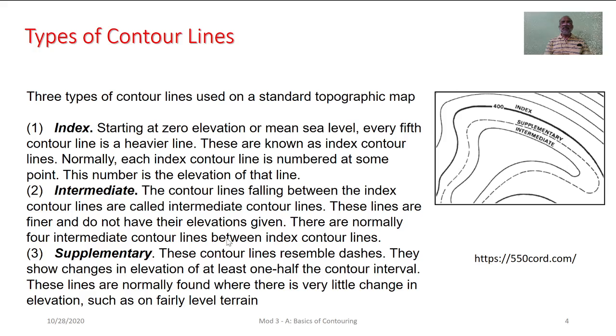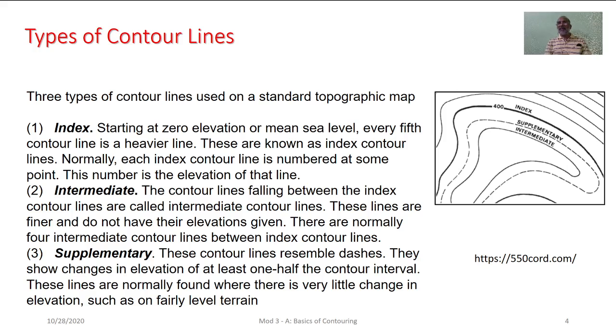In addition, we can include some contour lines in the form of dashed lines which are placed in between intermediate contour lines. Especially when the ground is flat, the distance seen in the plan in between two successive contours will be too much.